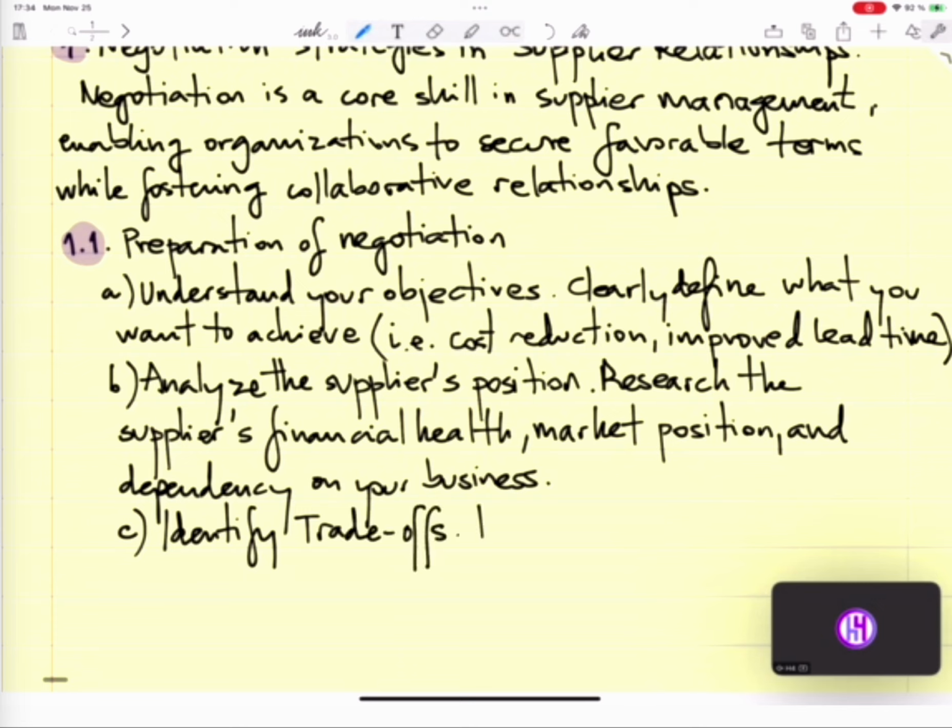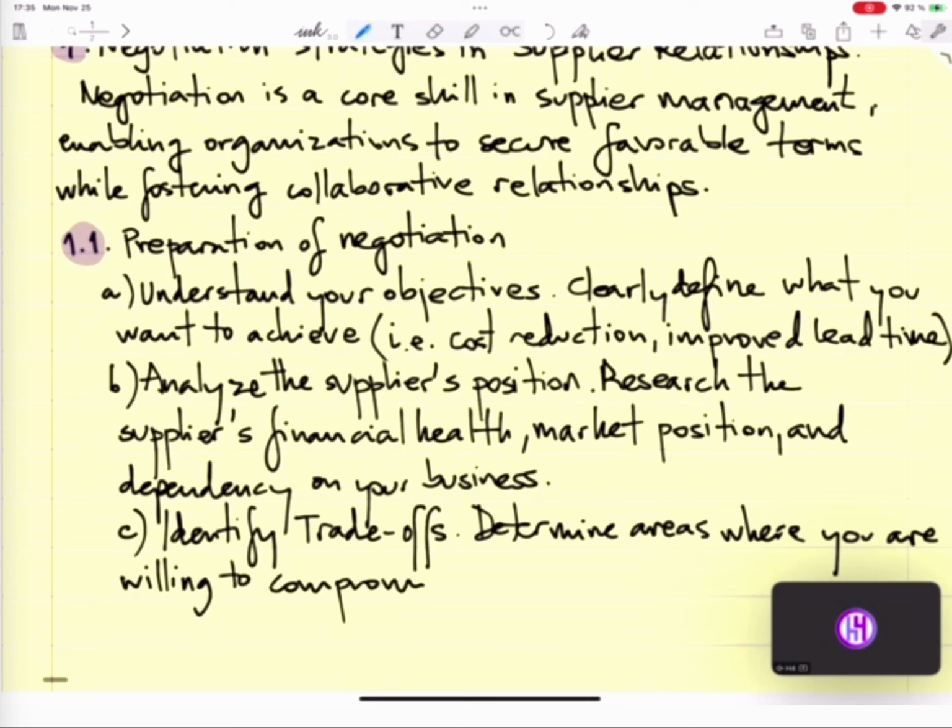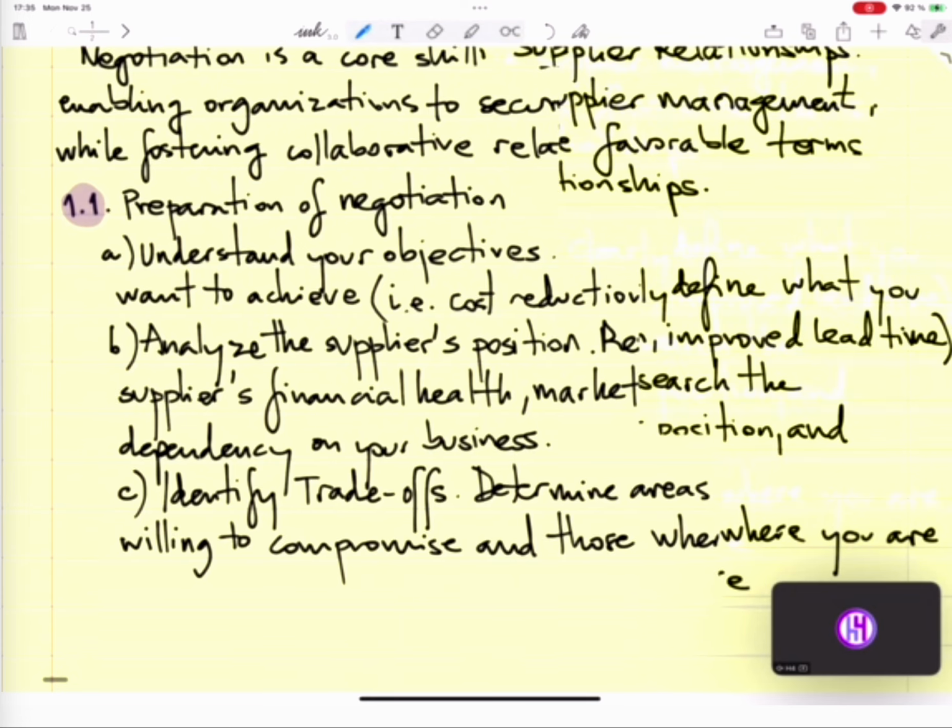Determine areas where you are willing to compromise, and those where you cannot.